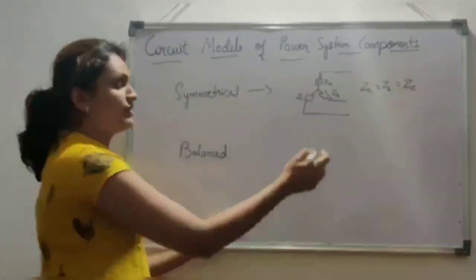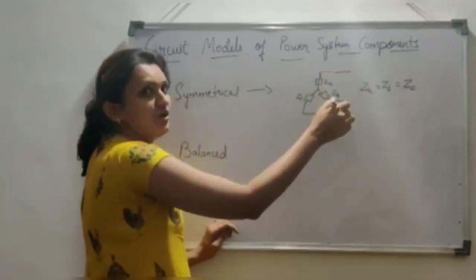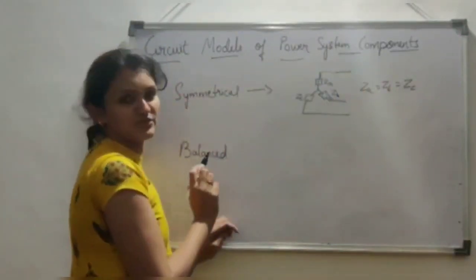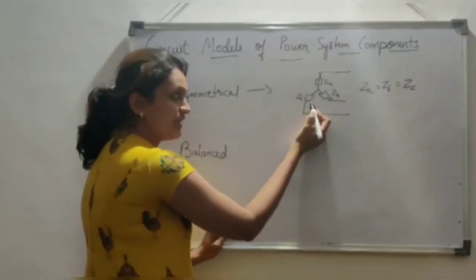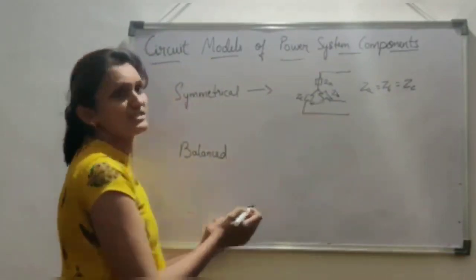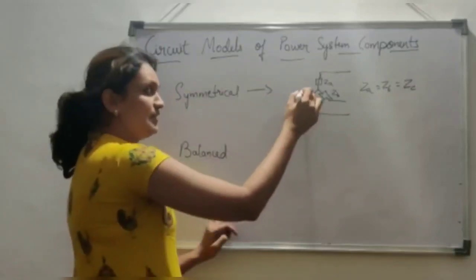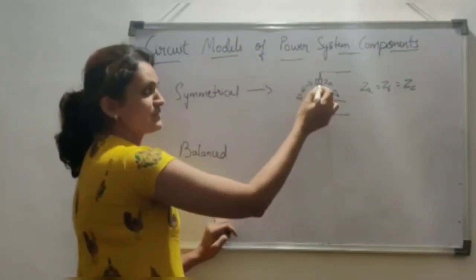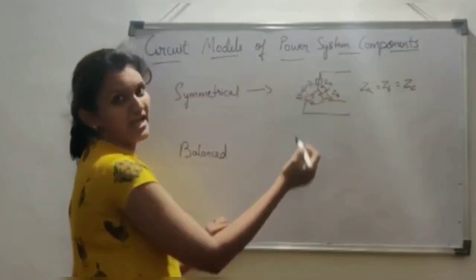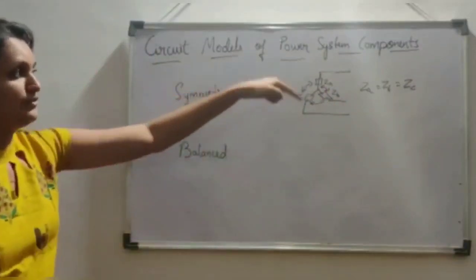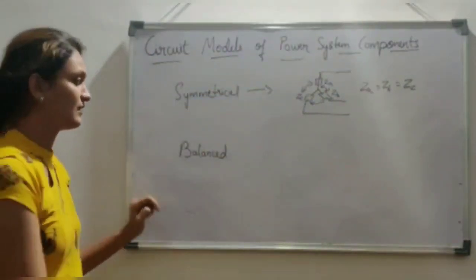It means that when you view from any of the phases, all the impedances must be the same. In case there is any mutual impedance existing between any of the phases, then the same value must exist between A and C as well as A and B. Then you tell that the system is symmetrical.